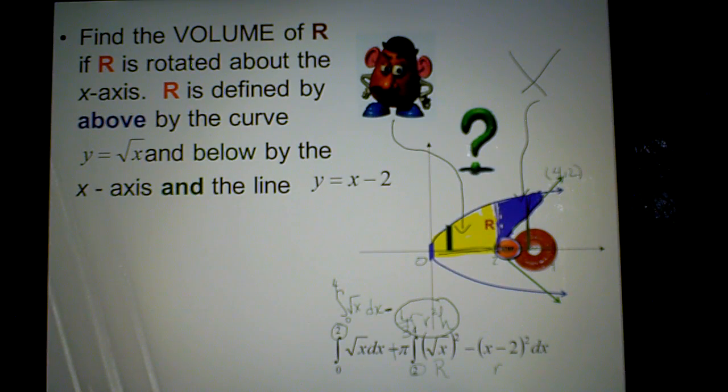Right, it was minus when I was going from 0 to 4 and subtracting out the cone. Has to be plus when I'm breaking it up into 2 separate problems. Yellow, this is yellow, and then add purple. Okay.